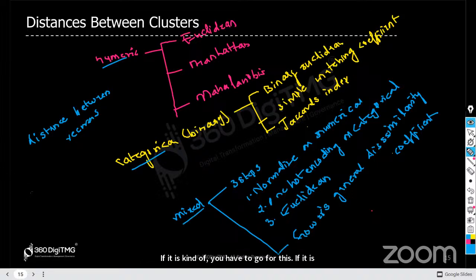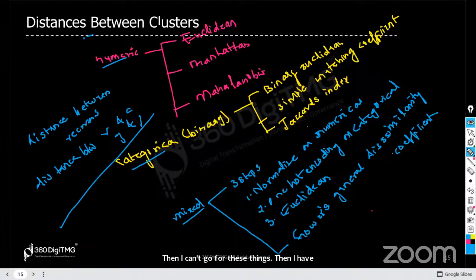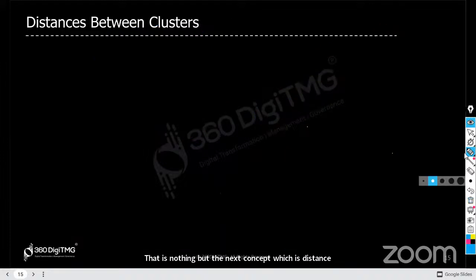But if I want to calculate the distance between a record and a group, which means a cluster, then I can't go for these things. Then I have a different concept. That is nothing but the next concept, which is how to calculate distance between clusters. So let's see what is present here.